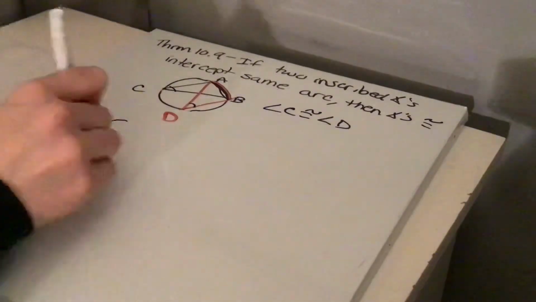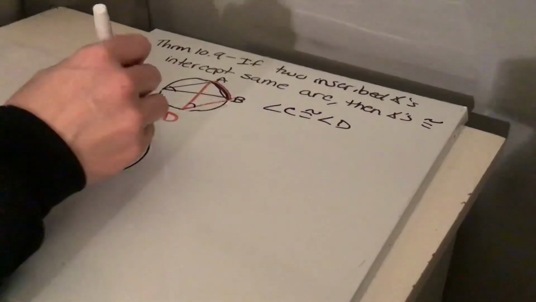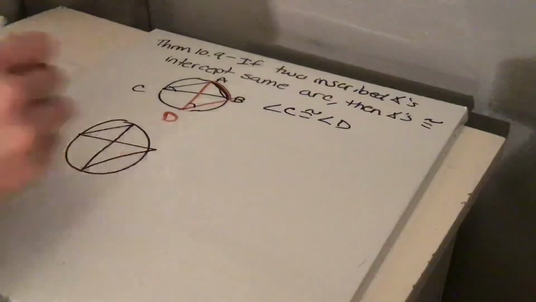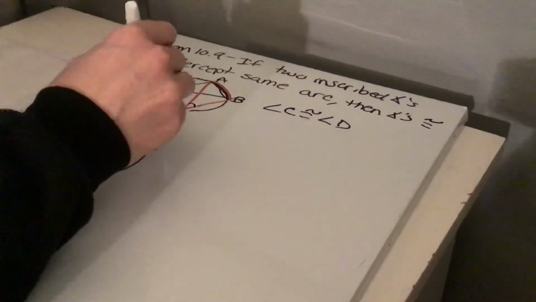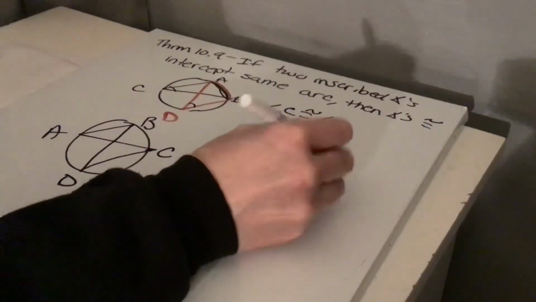So if we have our circle, this is A, B, C, and D, and the measure of angle B is 44 degrees.